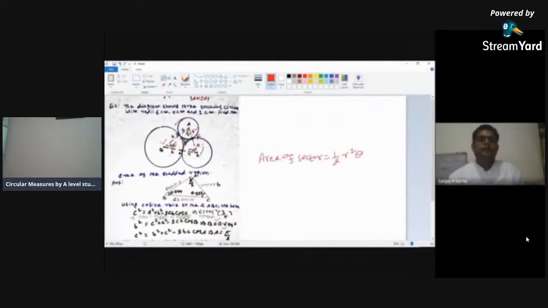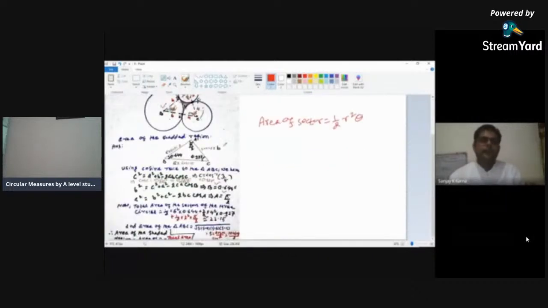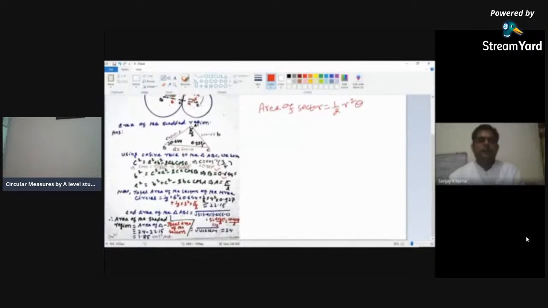We need to find the area of the triangle because we have already got the sum of the areas of these sectors. Now we are interested in finding the area of this triangle so that we'll have the area of this shaded region. The area of the whole triangle is given by the formula square root of s times s minus a, s minus b, s minus c. Here s is the semi-perimeter of the triangle, and that s value is 12.